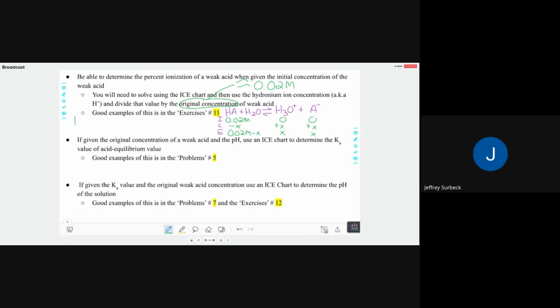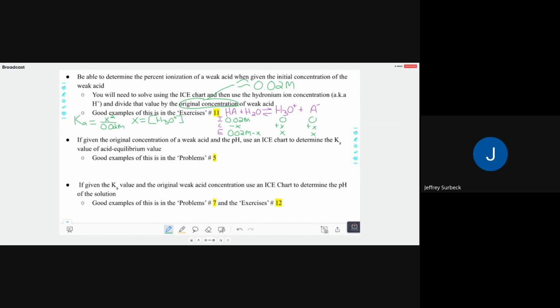What you would do is this. You would say, hey, Ka is equal to x squared over that original concentration. And we're going to assume on this entire test that our assumption works. Okay, it's going to save you some time. Now, x is the amount of H3O or hydronium ion concentration at equilibrium.